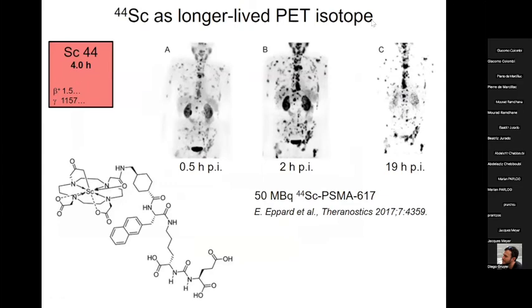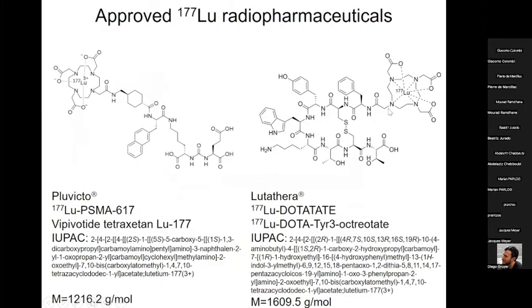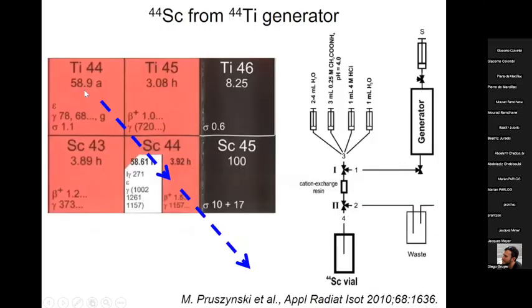So you can really follow after 19 hours where it is. And it is very well matched to these presently approved drugs because it can sit in the same chelator, the same chemical cage, which is keeping these metal ions in place. And scandium-44 can be eluted also from a generator, from a titanium-44 generator.